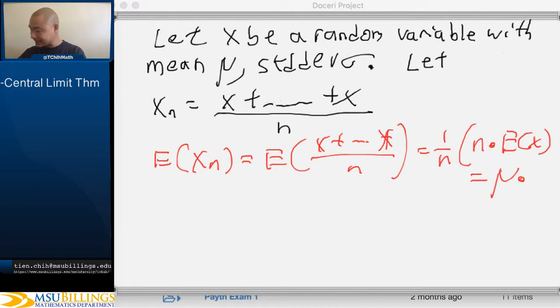Right? It's the exact same computation as before, right? I can pull out a 1 over n. There's n copies of E of x, so I have n E of x here, and I get mu.